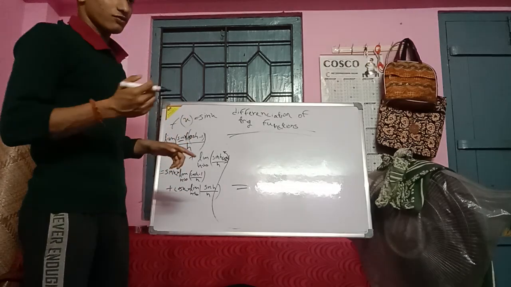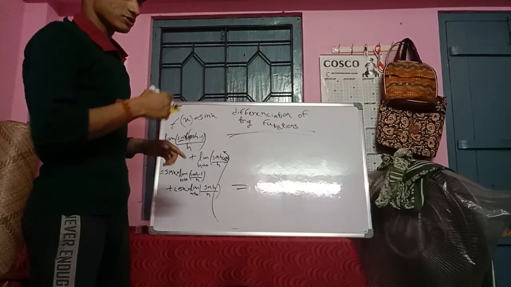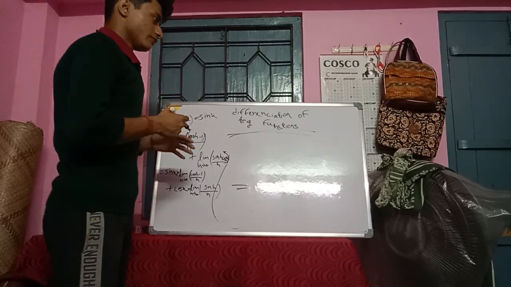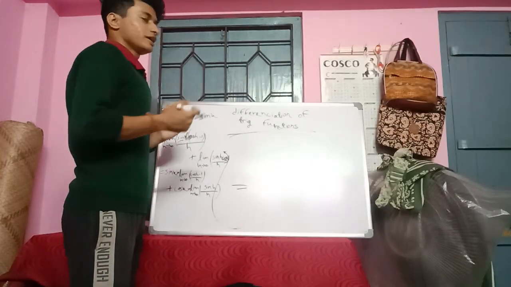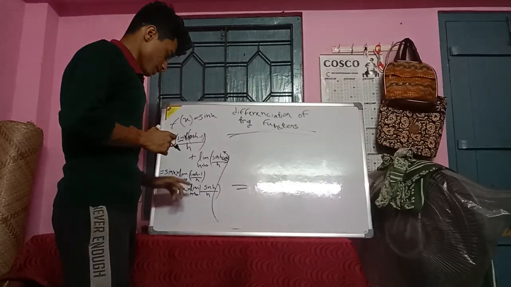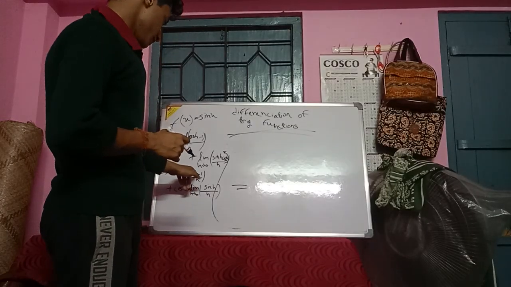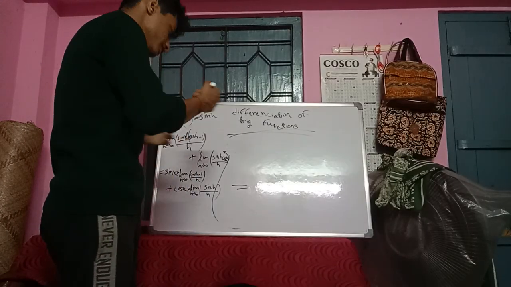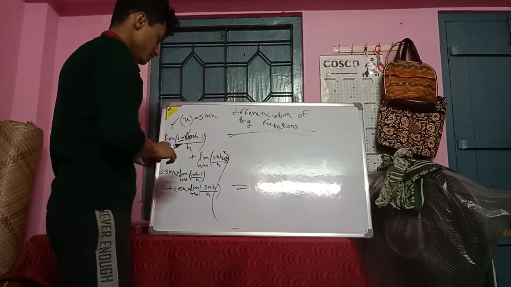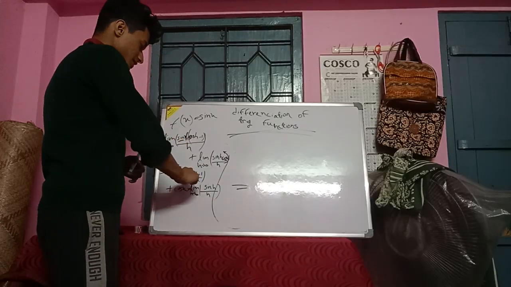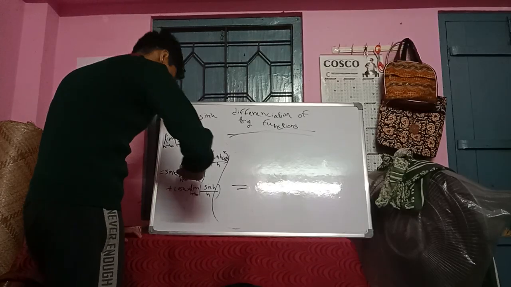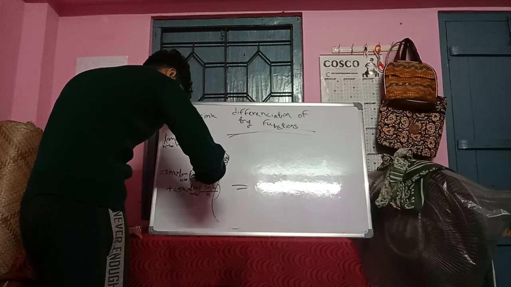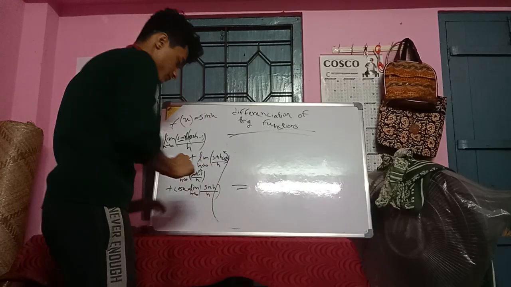What is the value of cosine of h? What is the value of cosine of theta when theta is 0 degrees? It's 1, right? So since the value of h is very close to 0, you can basically say that this cosine of h would become 1.